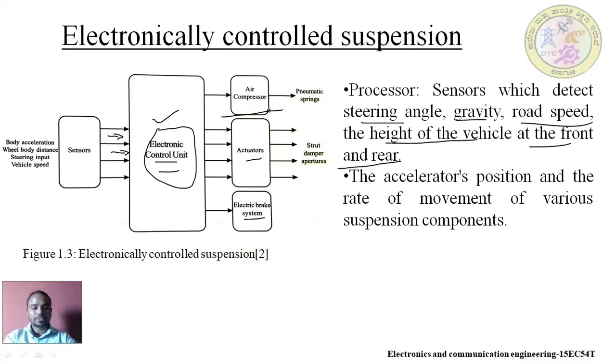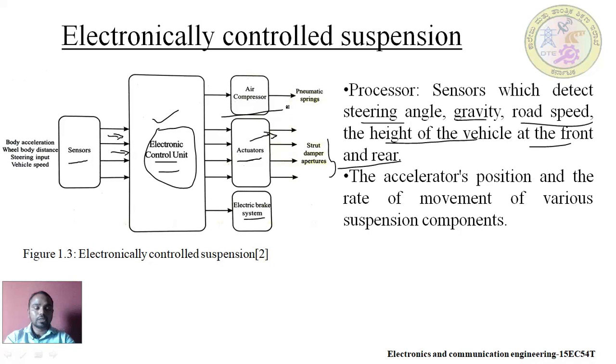Before going to the next slide, we must know what an actuator is. An actuator performs motion. For example, a sensor senses the information and sends it to the electronic control unit, whereas the actuator is a device which creates motion upon receiving the signal, and those actuators can be used as a strut or can be connected to the strut damper aperture.